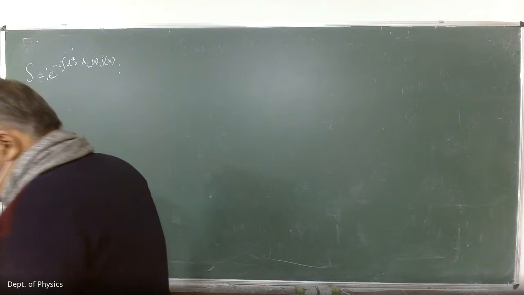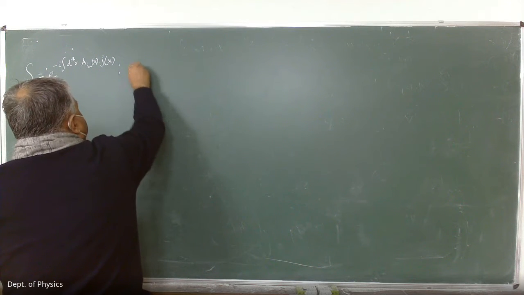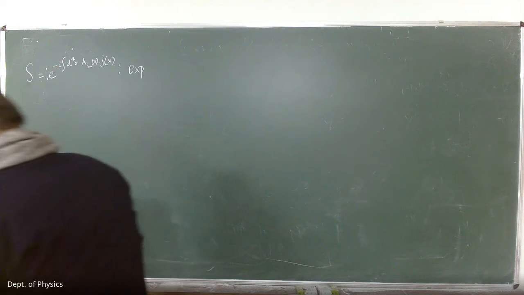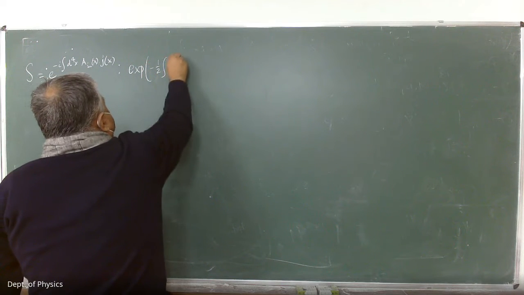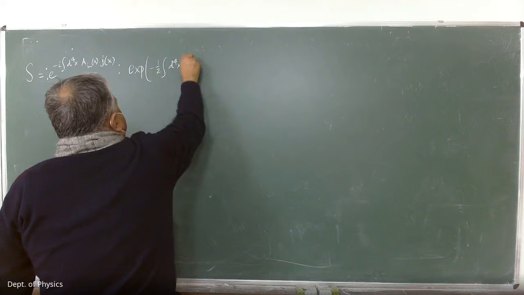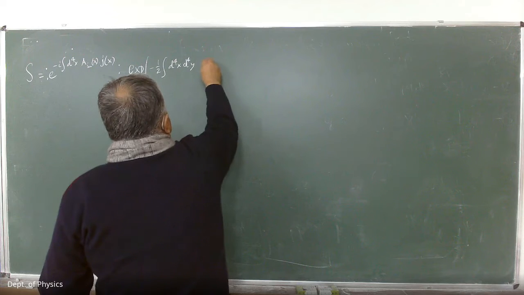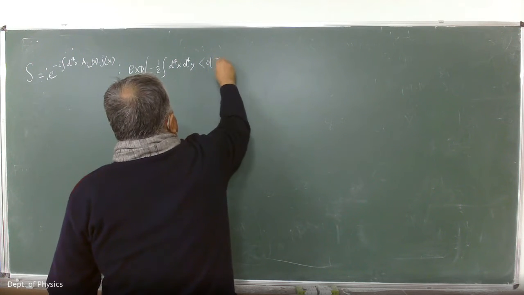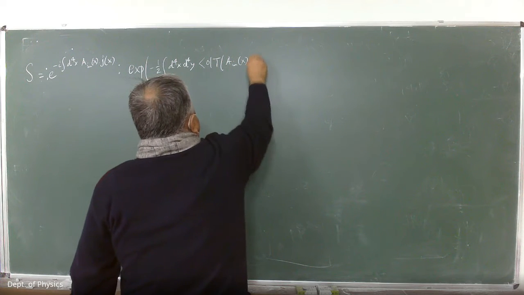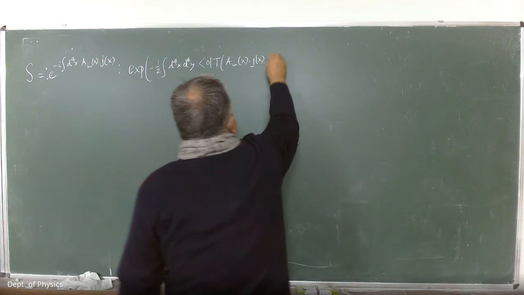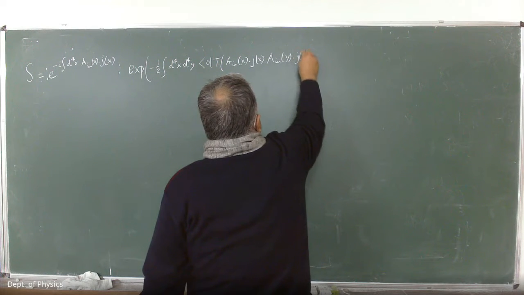Ultimately the total phase is given by exponential minus, d4x d4y, the vacuum expectation value of the time ordered product of A_in(x) · J(x) A_in(y) · J(y).